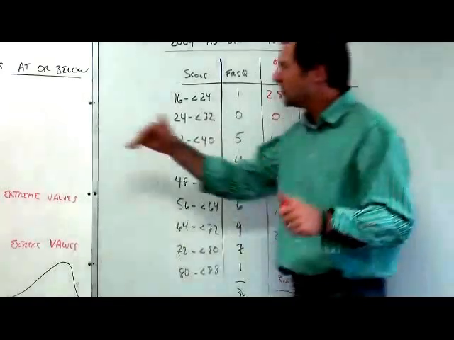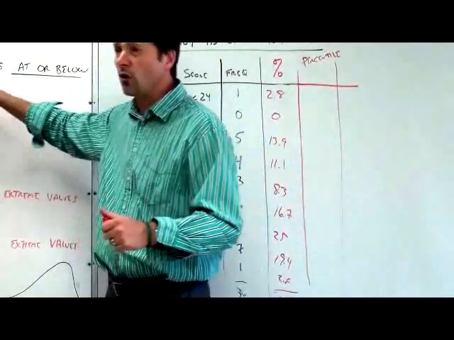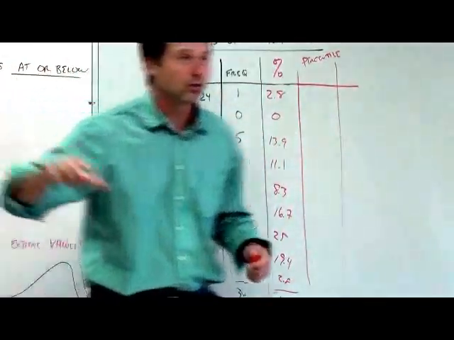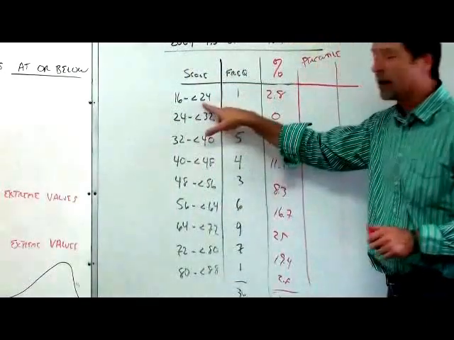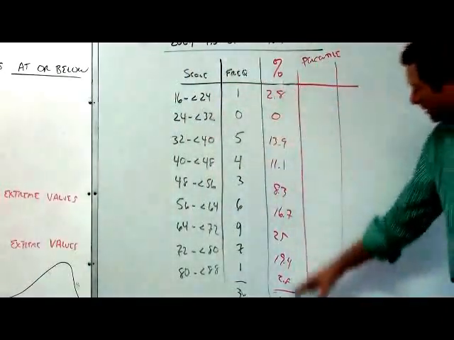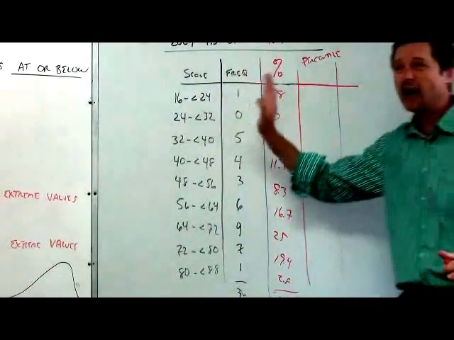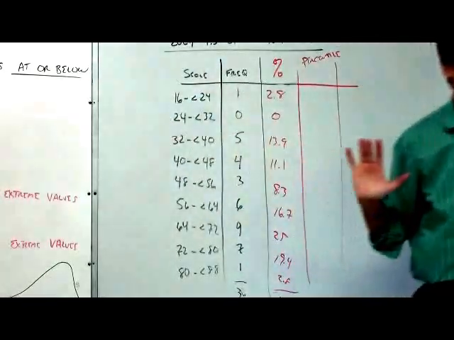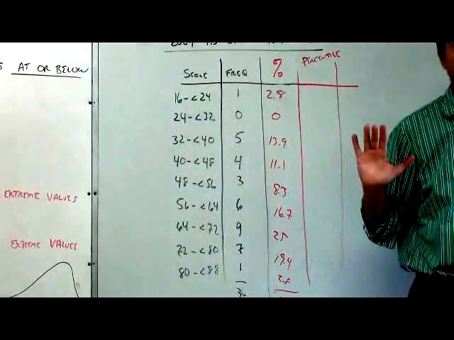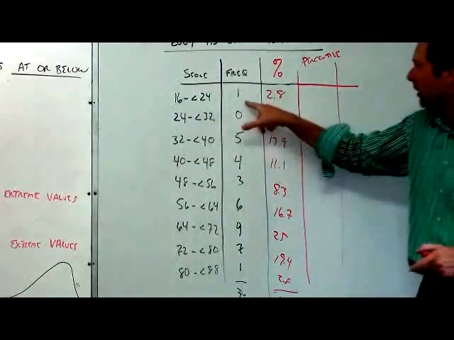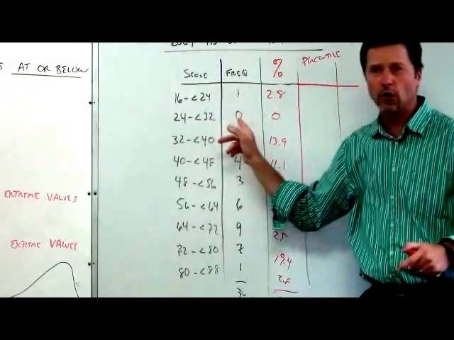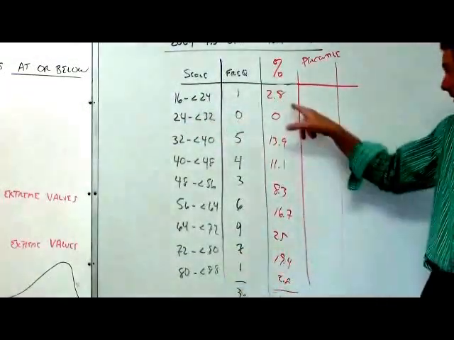All right, let's find percentile. Let's find the percent of scores that are at or below a certain spot. So how about at 24? What percent of all of these scores is at or below 24? What is it? 2.8, right? There was only one score at or below 24, the 1 over 36, and there it is, 2.8.